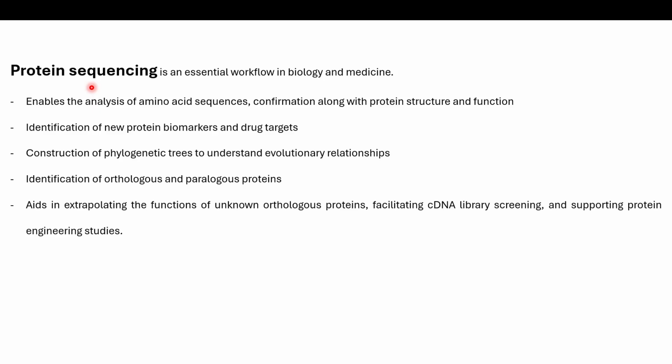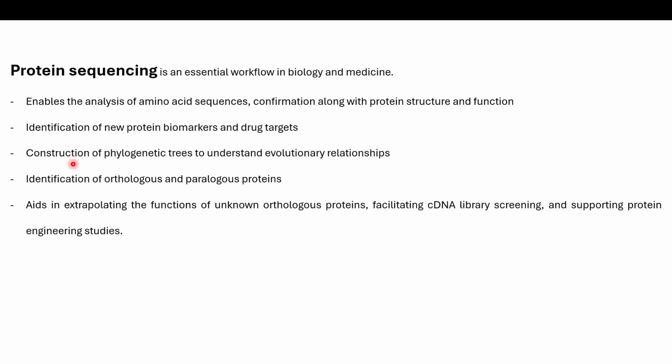Similarly, protein sequencing is also an essential workflow in biology and medicine. It enables the analysis of amino acid sequences, which, along with confirmation, gives an idea about the protein structure and function. One can even identify new protein biomarkers and drug targets.